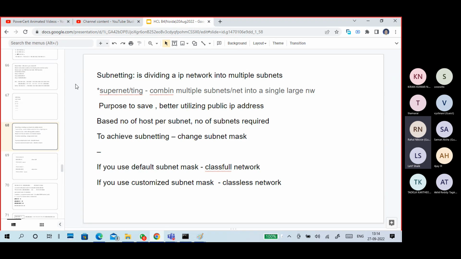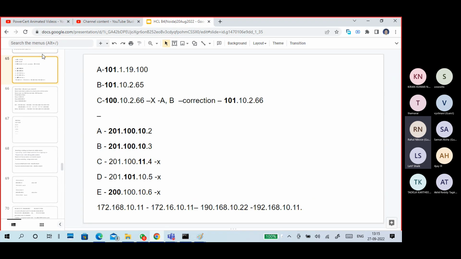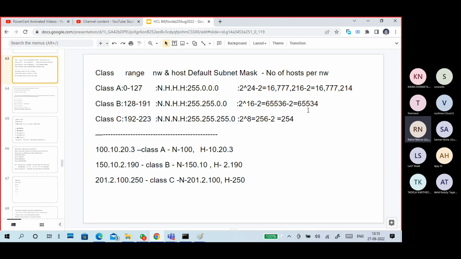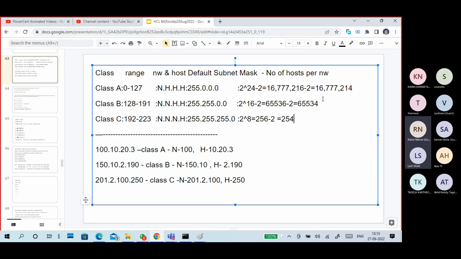What is subnetting? Dividing an IP network into multiple subnets. If you take one single network, what is the size of the network? It is 254, 65,000, or 16 million IP addresses, right?